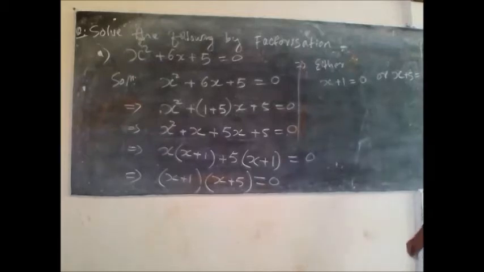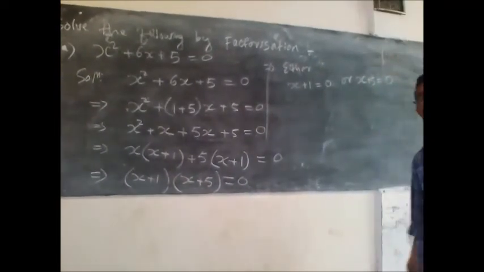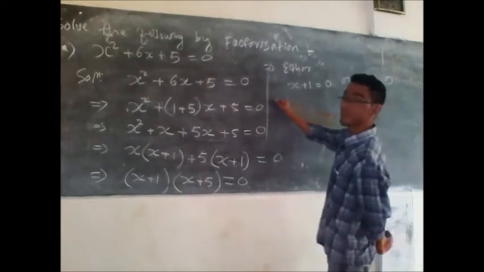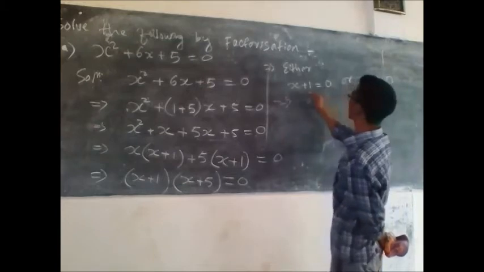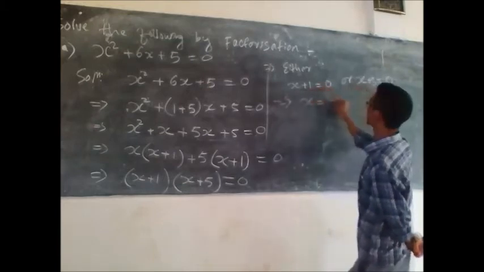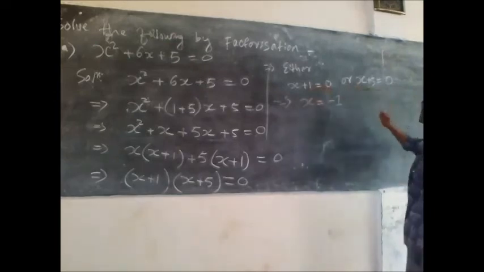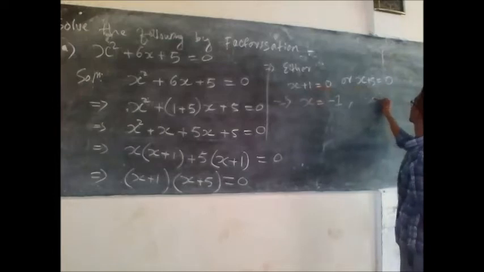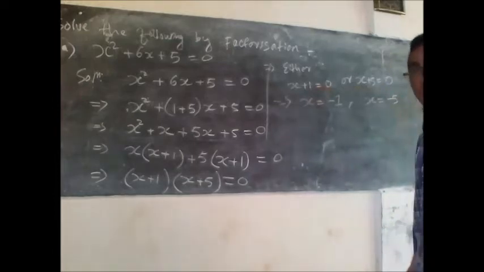If x plus 1 equal to 0, then x equal to minus 1, or x plus 5 equal to 0 gives x equal to minus 5.